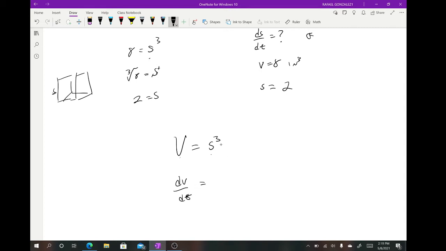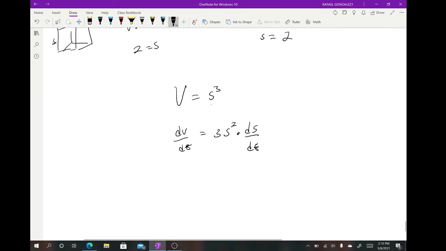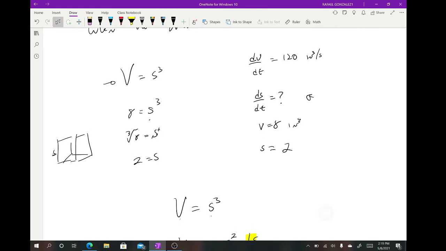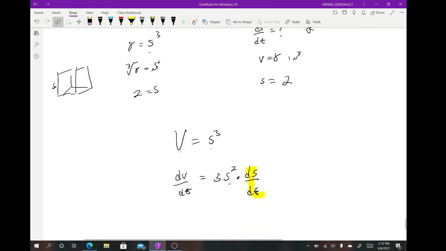The derivative of s cubed is going to be 3s squared times ds/dt. This is something that we did before. Remember, this all comes from the chain rule. Now we have enough information to solve for ds/dt, which is what we're solving for. We know s is 2, and dV/dt is 120 cubic inches per second.